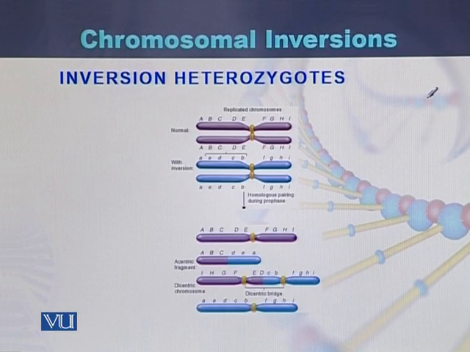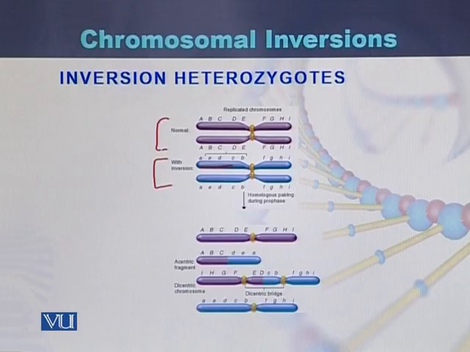In the first diagram, the upper diagram, we can see that this is a normal chromosome, but in this case, the fragment of the DNA has been inverted. So here the sequence has become A, E, D, C and B. Originally it should be A, B, C, D and E. So this is an inversion in one strand of the chromosome while the second strand is normal.